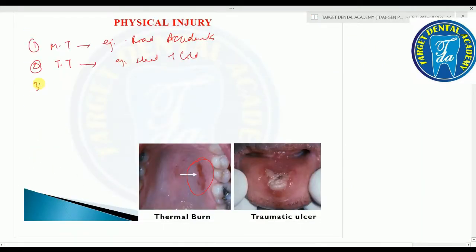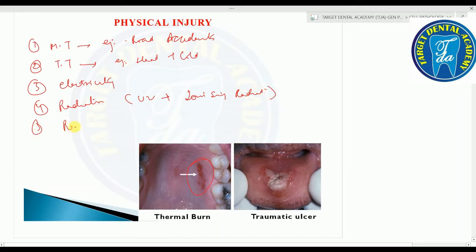Third is electricity, or radiations, whether ultraviolet or ionizing radiation. And last is rapid changes in atmospheric pressure. Fine. And it is also due to traumatic ulcer.